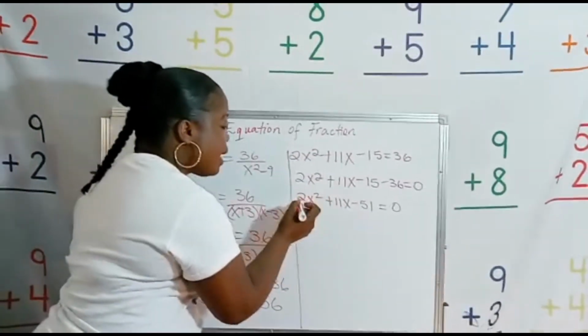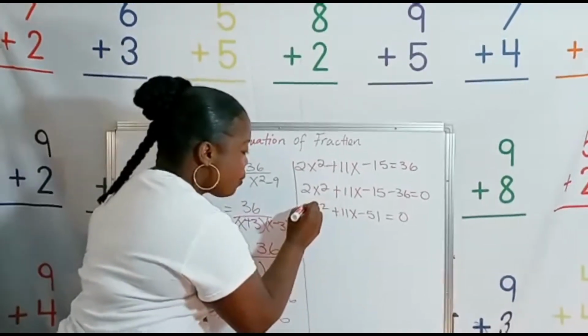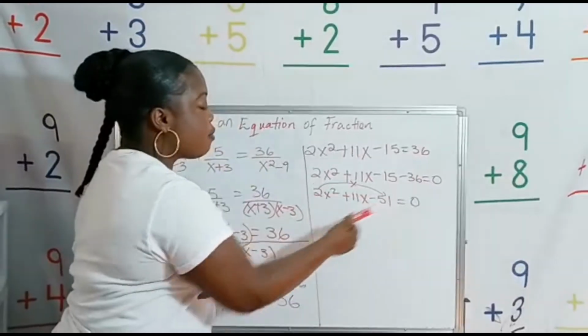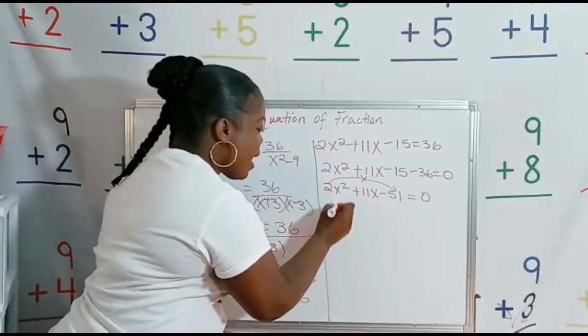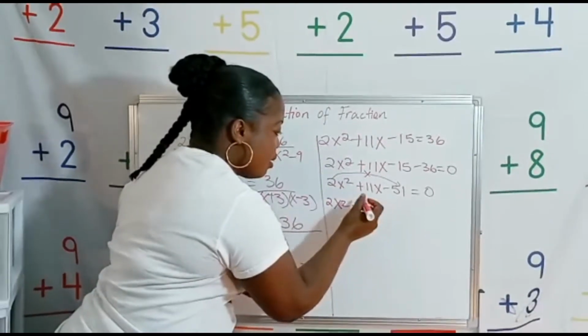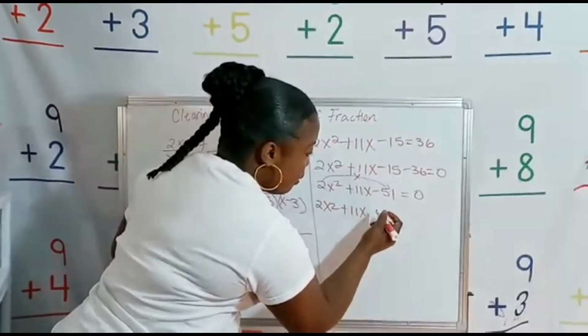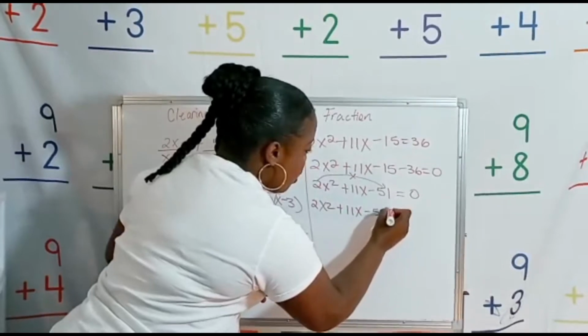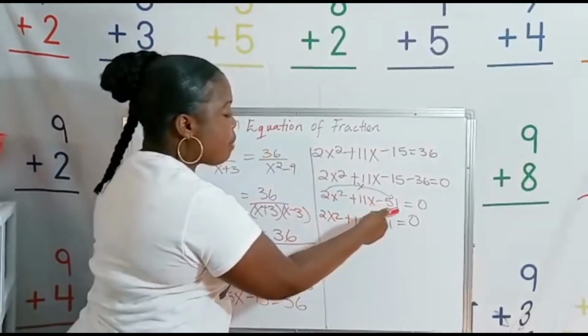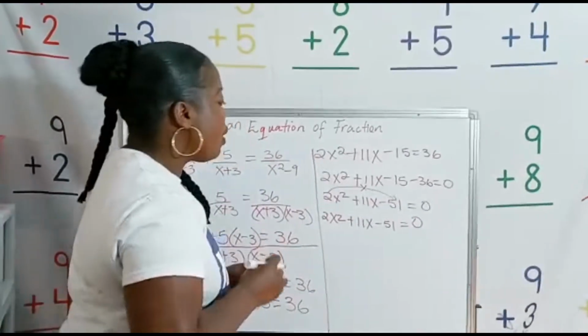So I'm going to put an arrow here to show that I'm multiplying 2 times negative 51. So I'll end up with 2x squared plus 11x minus 51 is equal to 0. But of course, we know that 2 times negative 51 is negative 102.